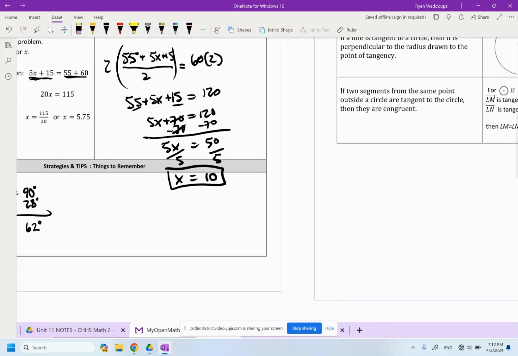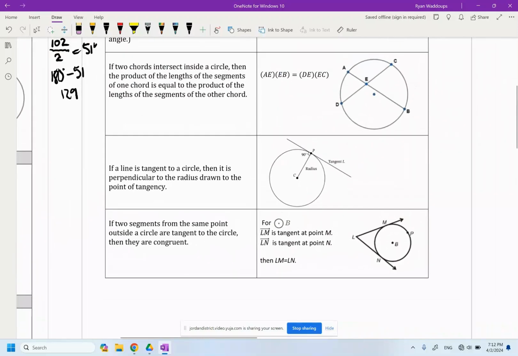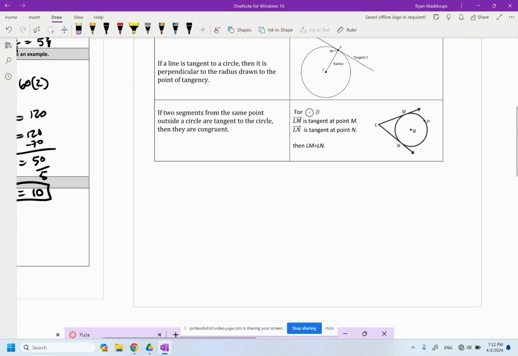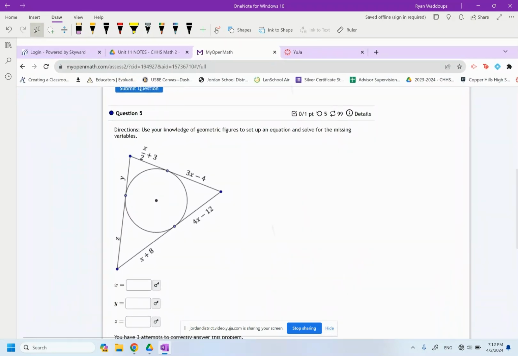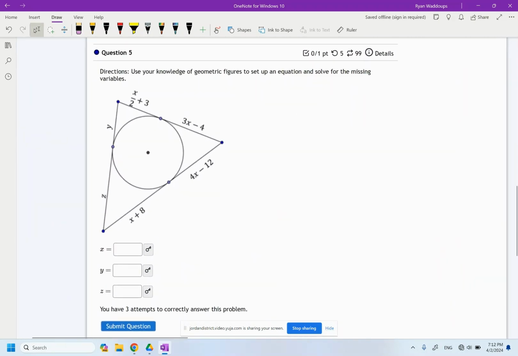All right. You practice your problems. I do want to give you a heads up on one of the problems you're going to see in the homework. Let's look at this problem right here. These lines are all tangent to the circle, and they're all tangent from the same point. So I know that this segment and this segment are equal, but that doesn't help me much because this one has a z and this one has an x.